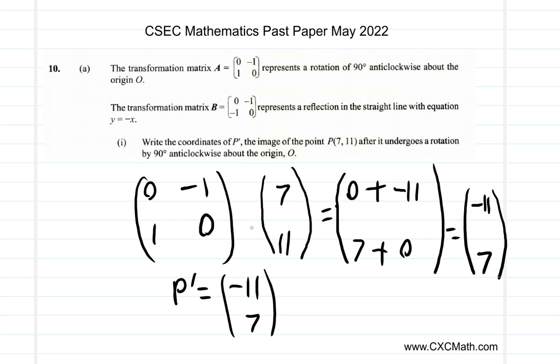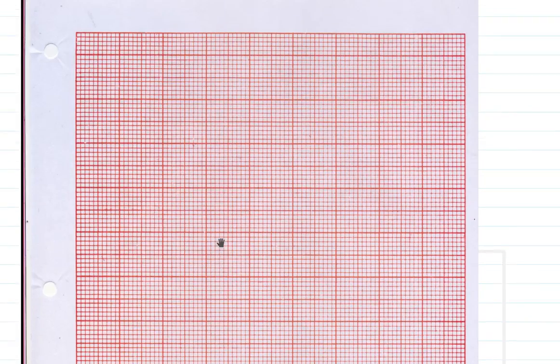Now, suppose you consider putting this on a graph. Then you should be able to identify where 7, 11 is and see what would happen after it undergoes a rotation of 90 degrees anti-clockwise about the origin. So let's do that. We have our graph paper here.